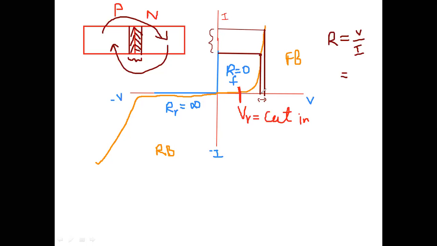Okay, if I take this point as V1 and this point as V2, the corresponding current at V1 is I1, and at V2 it is I2.